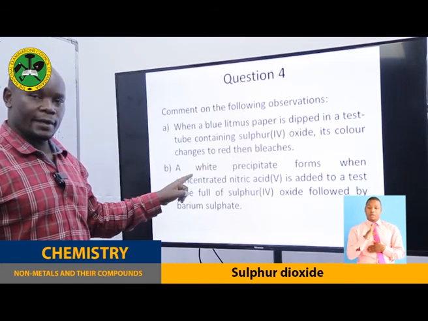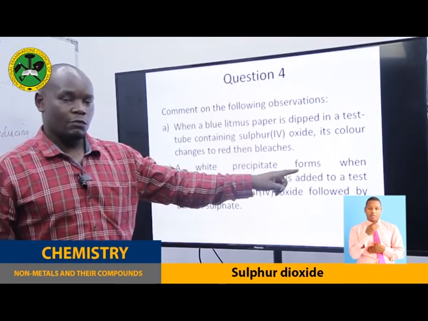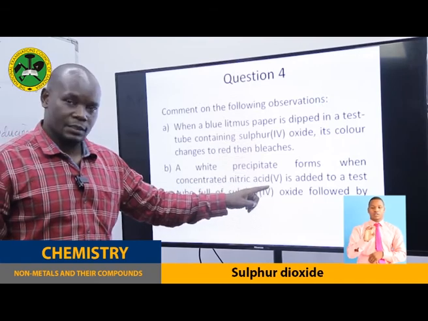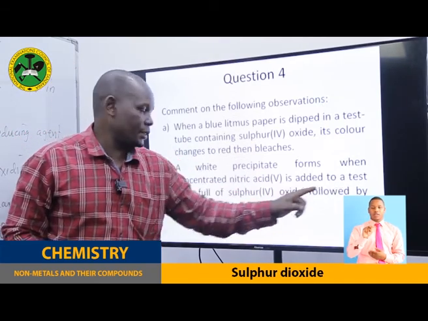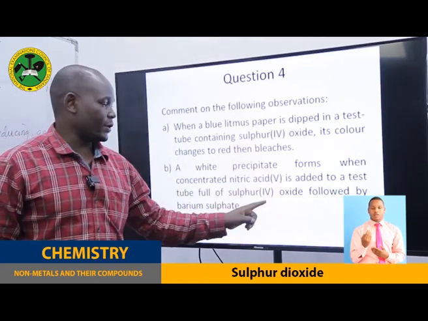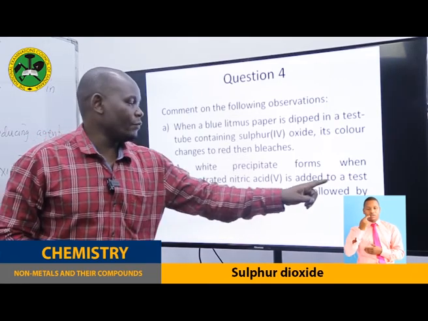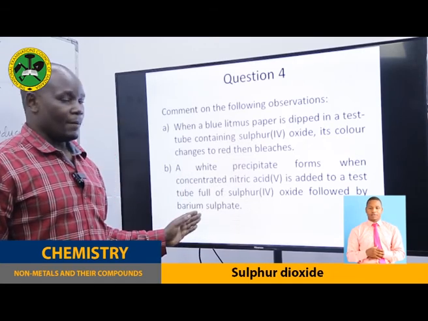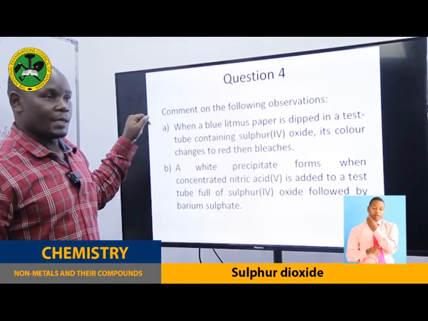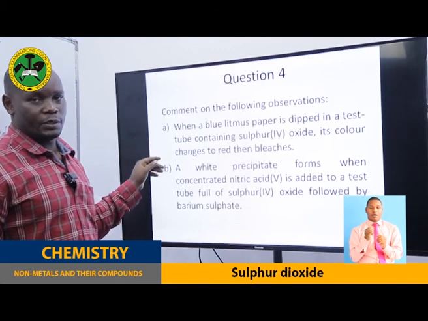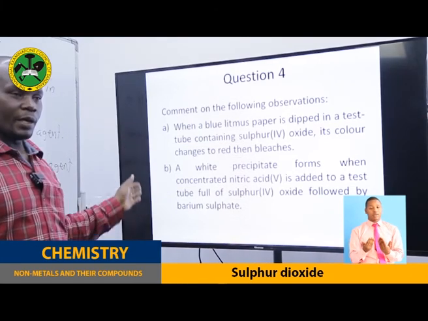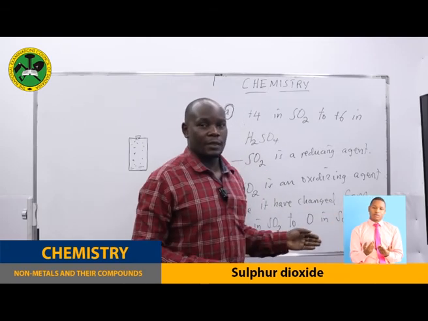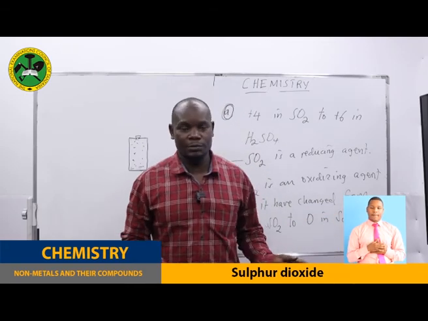B is that a white precipitate forms when concentrated nitric acid is added to a test tube full of sulfur 4 oxide, then followed by barium sulfate. So these are questions as an assignment. So please do it, and you can consult for correctness through your number that will be passing through the TV.